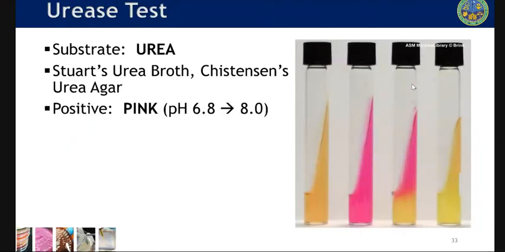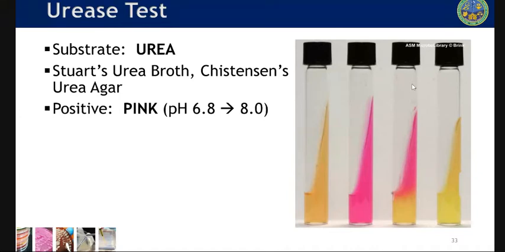Another one is the urease test, or urea utilization. The substrate here is urea, and you make use of Stuart's urea broth or Christensen's urea agar. What we make use of here is Christensen's urea agar. The positive color reaction is pink.